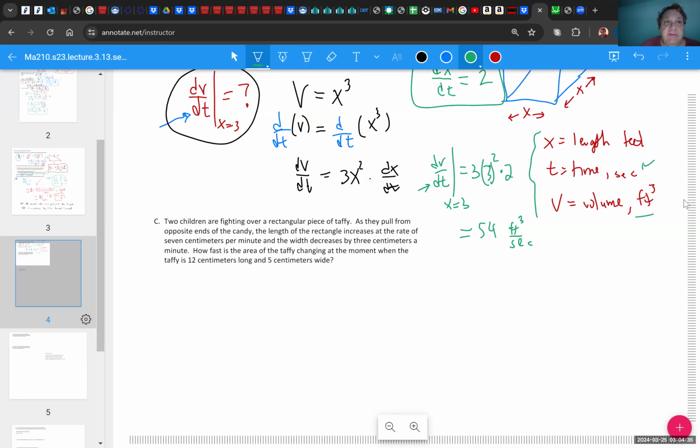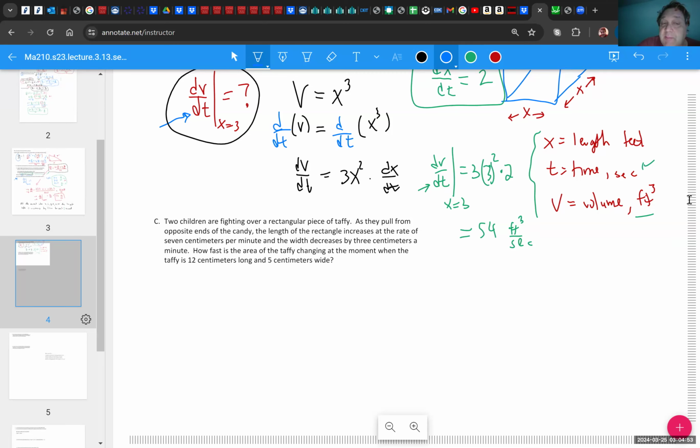All right, so if you give it a try, great. And I'm going to go through this step by step so you can see the solution as I suggest going along. All right, so read out this problem first of all. It says that there are two children. They're fighting over a rectangular piece of taffy.